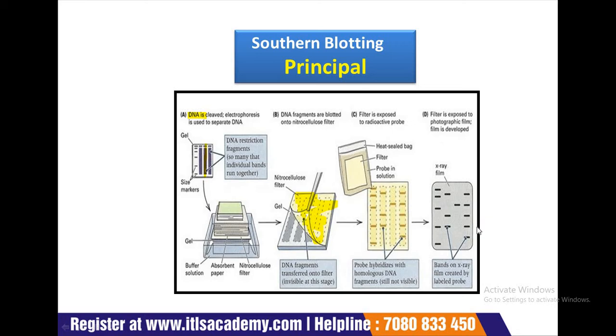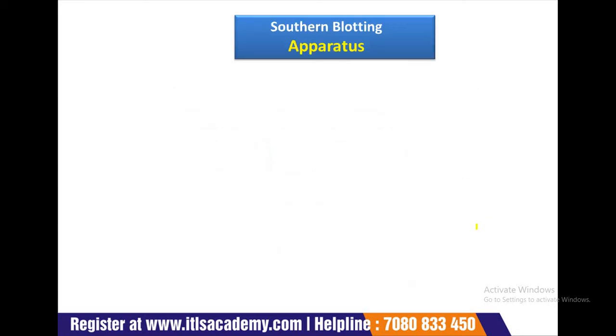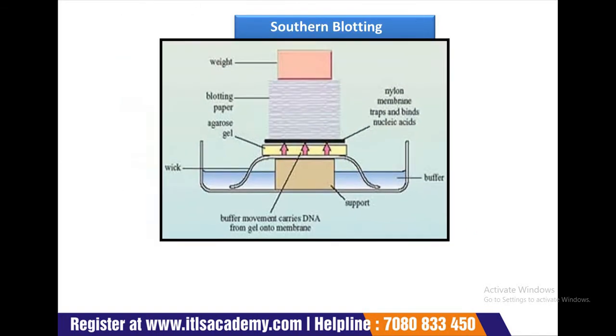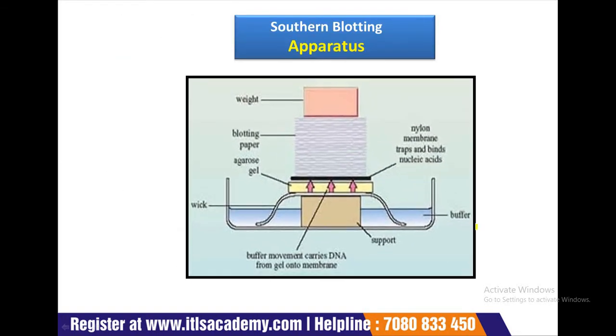So let's discuss the apparatus used in Southern blotting. The agarose gel of Southern blotting is mounted on filter paper dipped into a reservoir containing transfer buffer.